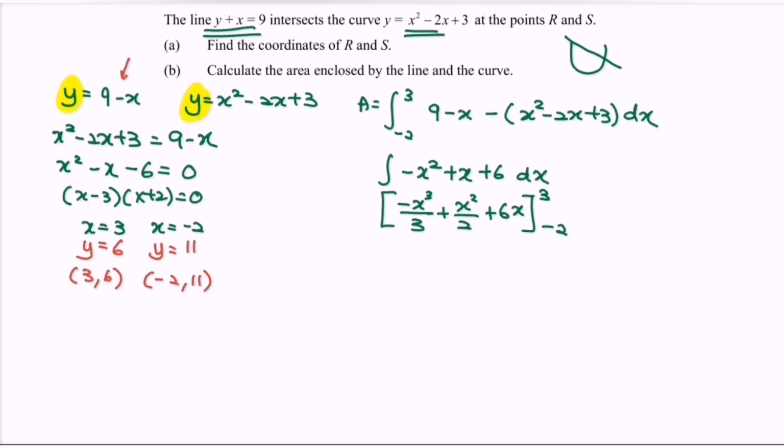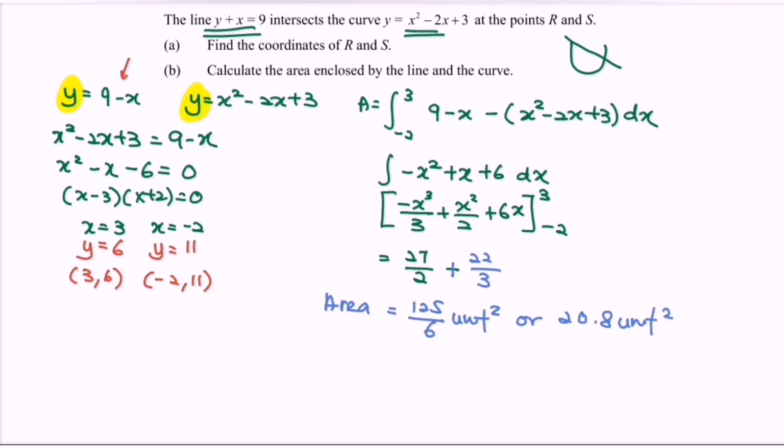So kindly substitute, and we will have the situation 27 over 2 if we substitute 3, minus, if we substitute -2, and we will have -22 over 3, so in here it becomes positive 22 over 3. So finally, the area for this situation would be 125 over 6 unit square, or 20.8 unit square, where we have to express the answer 3 significant figure.